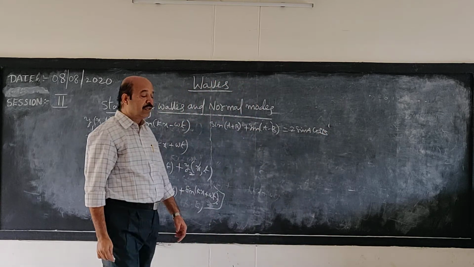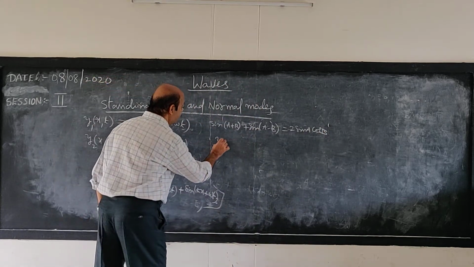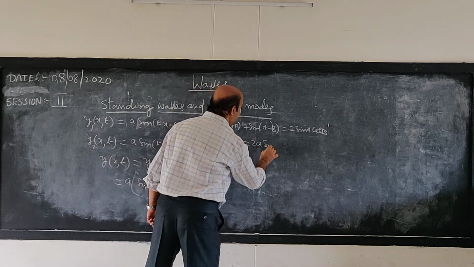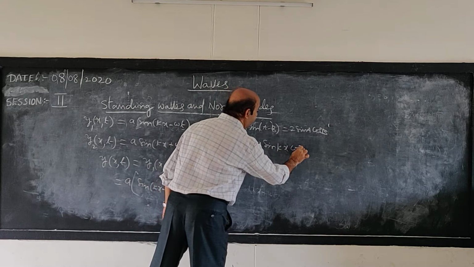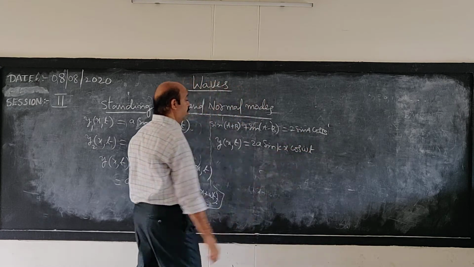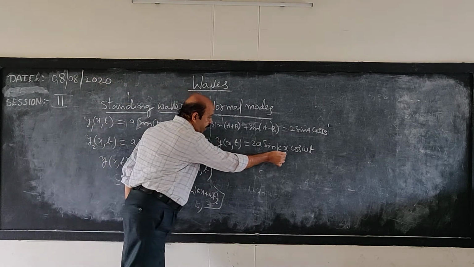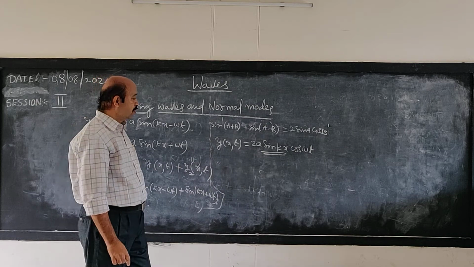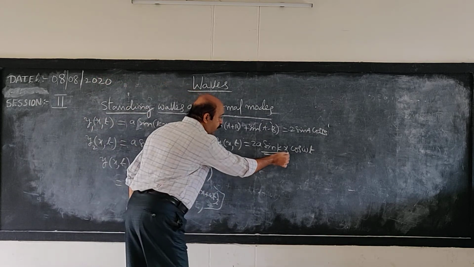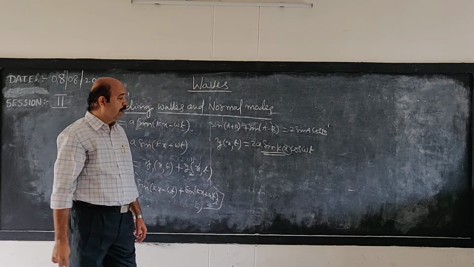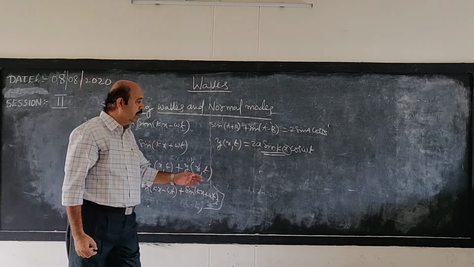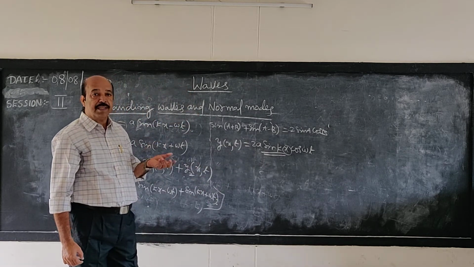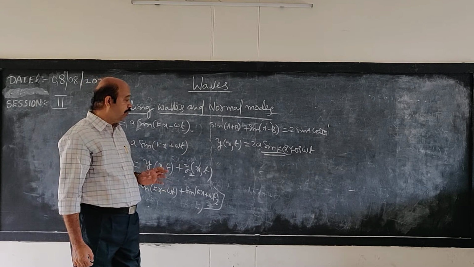Using this identity, the resultant wave is given by 2A sin(kx) cos(ωt). Here, the first part gives the amplitude of the resultant wave. It shows that with respect to the position x from the origin, depending upon the distance of the point, the amplitude of oscillation of the particle is changing.